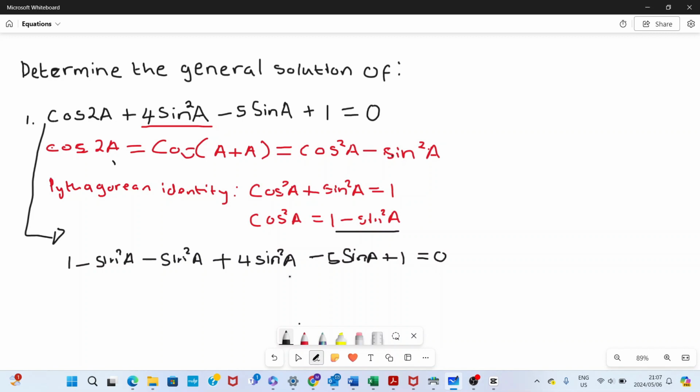To simplify this, this is just 1 minus 2 sine squared of a plus 4 sine squared of a minus 5 sine of a plus 1, which is equal to 0.